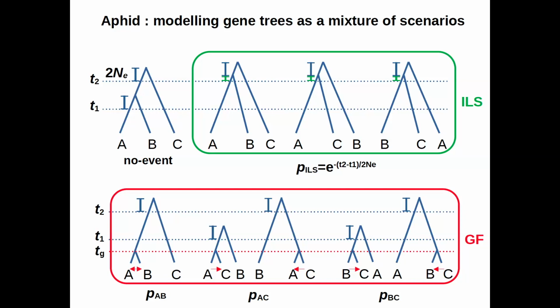The current implementation of the model also accounts for the variance in gene flow time among loci and the variance in mutation rate among loci, but I'm not going to develop on this.